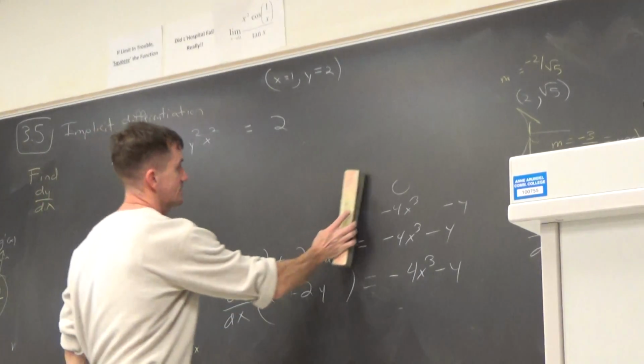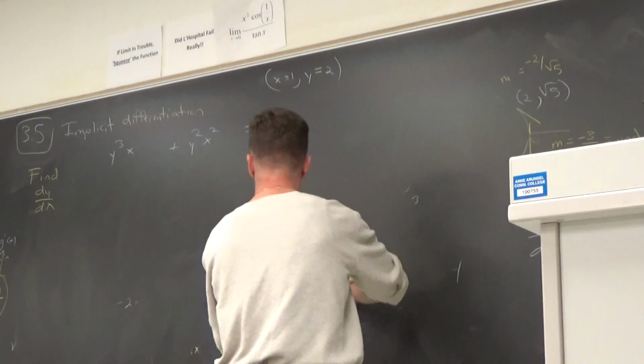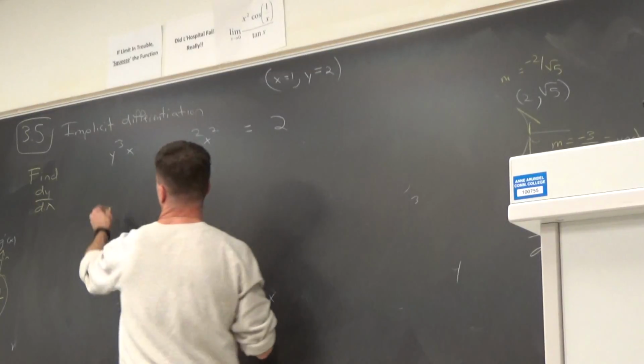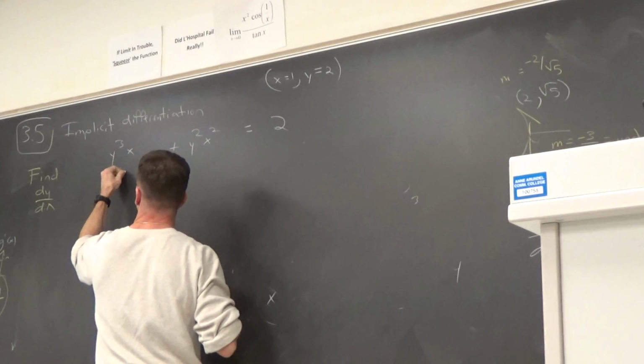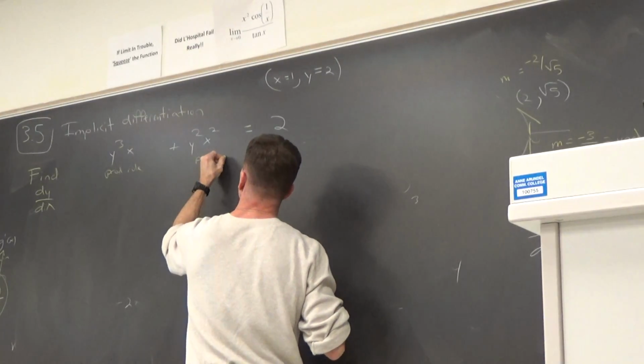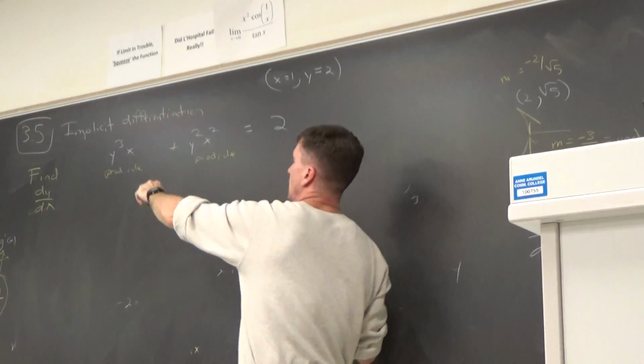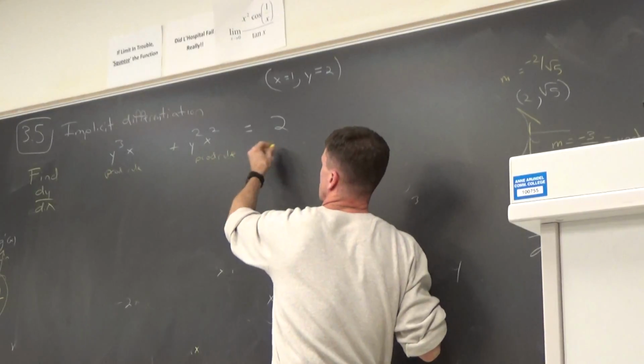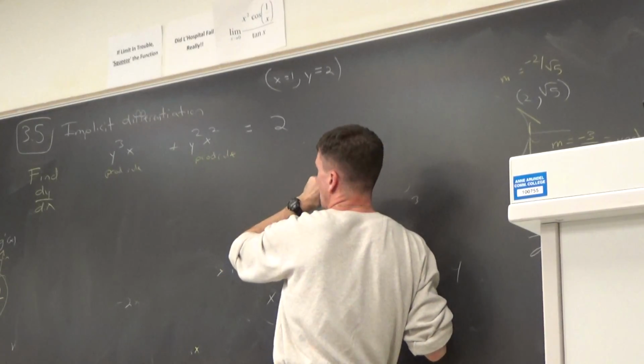So I think this thing's going to get long. How many product rules do you have to apply? 4. You need a product rule here, and you need a product rule here. Because I'm going to differentiate that side with respect to x. I'm going to differentiate this side with respect to what? X.